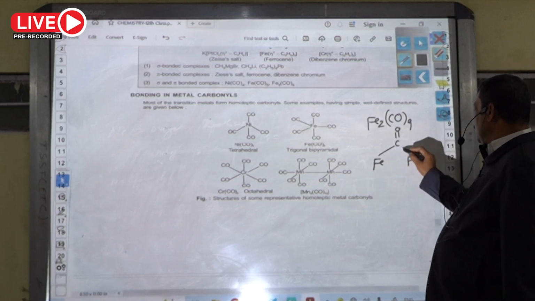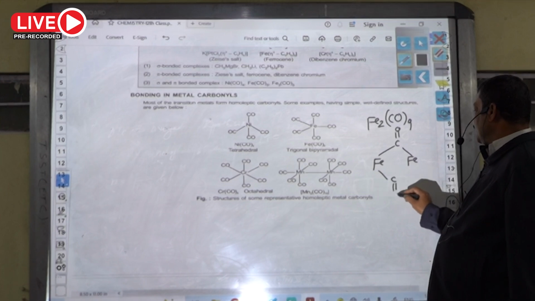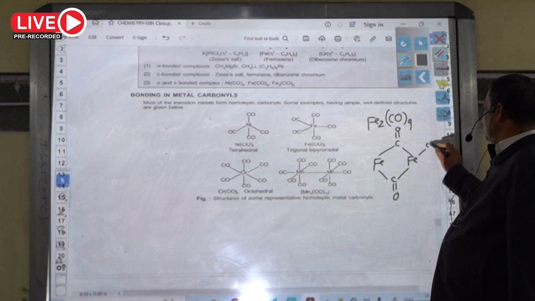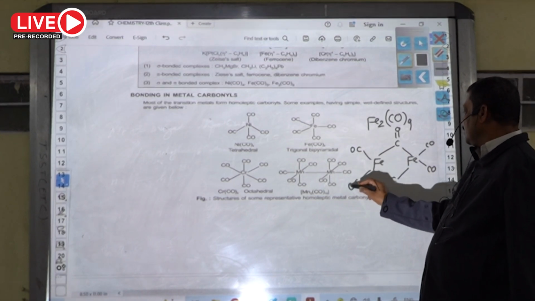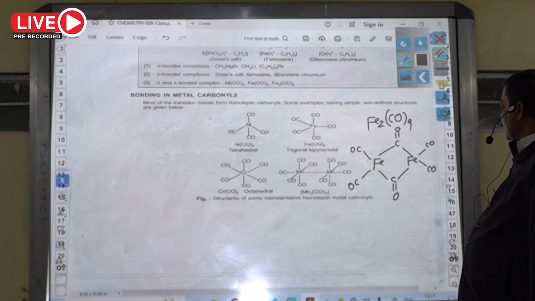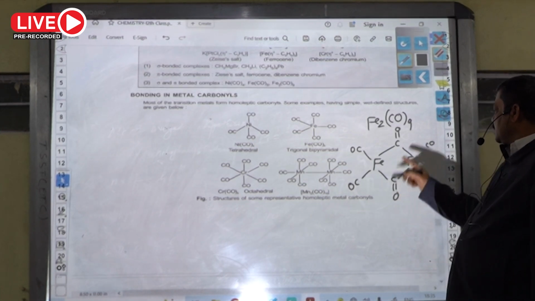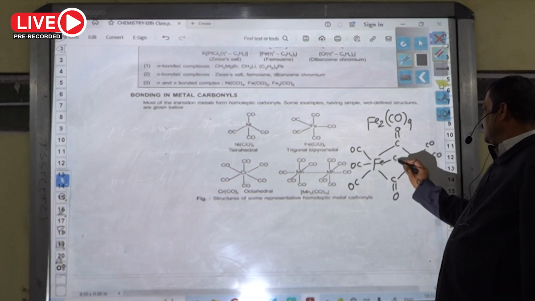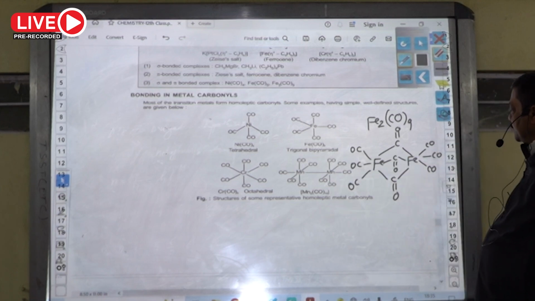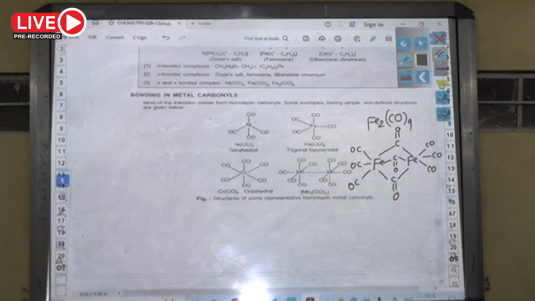There is one bridged CO. How many are over? 4, 6, 7, 8, 9. Fe2(CO)9. There is one more bridged binuclear complex.